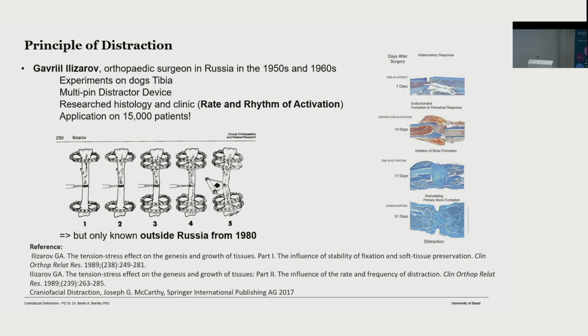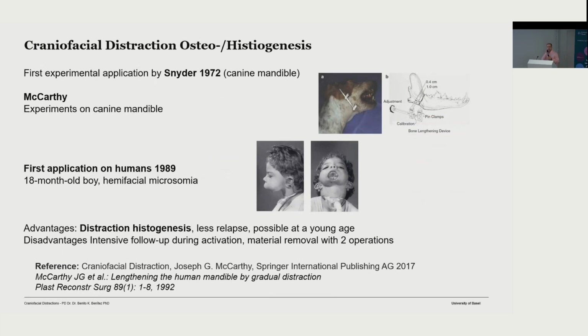But he did that in Russia in a lot of patients, but it was only known in Russia. It was only after that, and we heard McCarthy already with the rib grafts for the fronto-orbital advancements, that Snyder tried that in the canine mandible, and if you have a look at this, it still looks quite similar today.